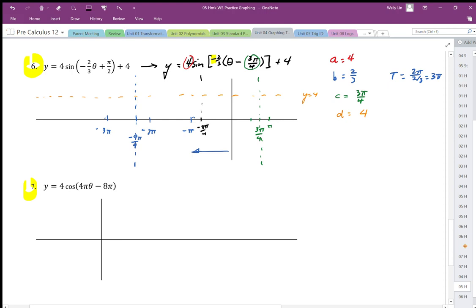So I'll draw in my middle position here, halfway, and then the y-axis represents the division between my second and my third and fourth quadrants, and then averaging out negative 9 pi over 4 with 3 pi over 4, I'm going to add those together to get negative 12 pi over 4, divide by 2, I get negative 6 pi over 4, which is negative 3 pi over 2.